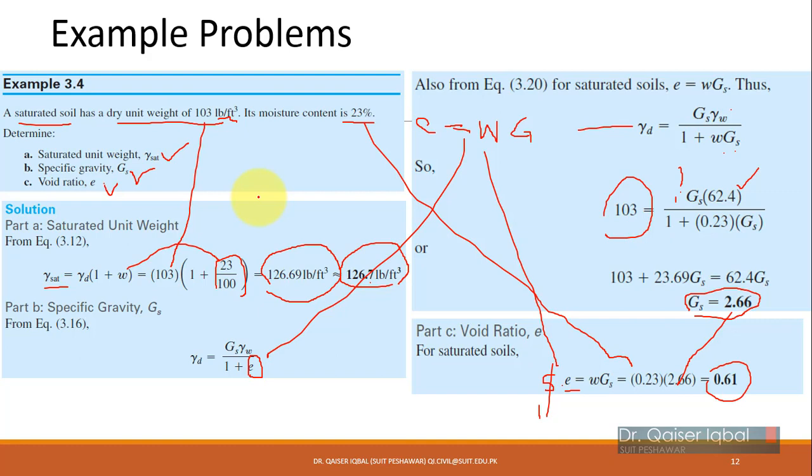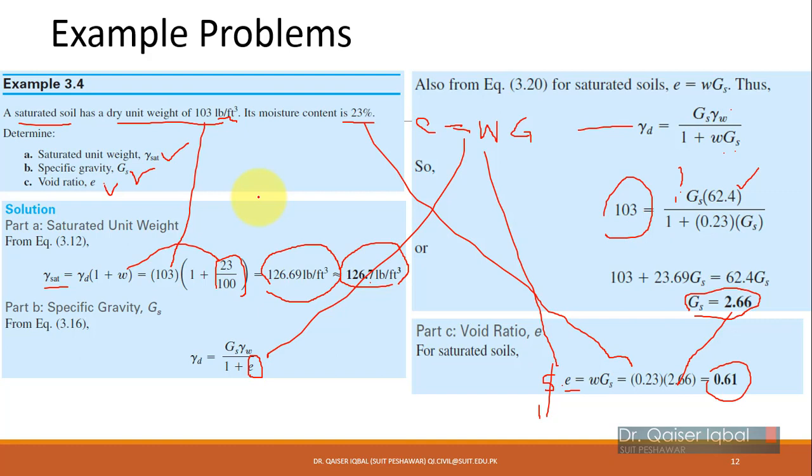If you know the three-phase diagram, how to determine density from unit weight, or unit weight from weight and volume, and you know the basics of the unit weights, like saturated unit weight, dry unit weight, bulk unit weight, saturated density, bulk density, dry density, unit weight of solids, and Gs, you can easily determine these correlations. So it will not be a problem.